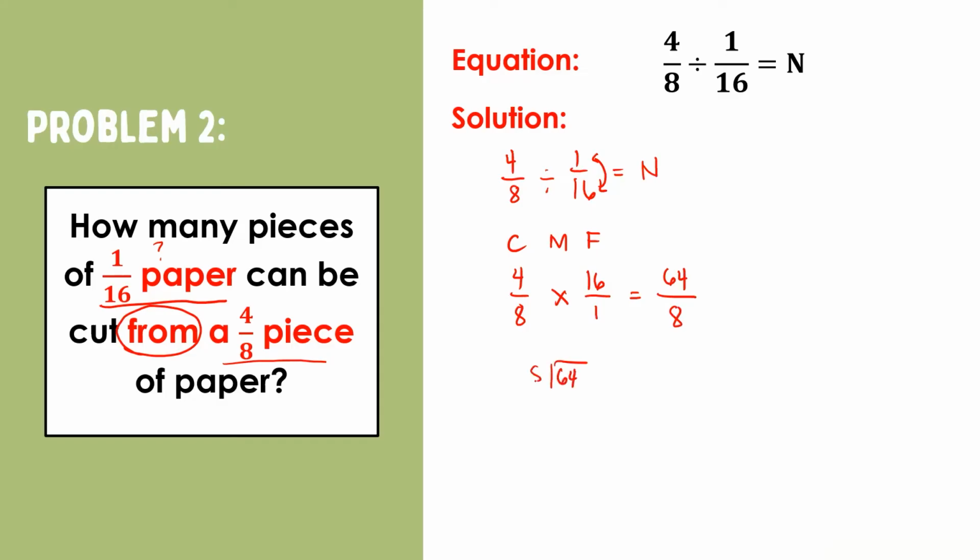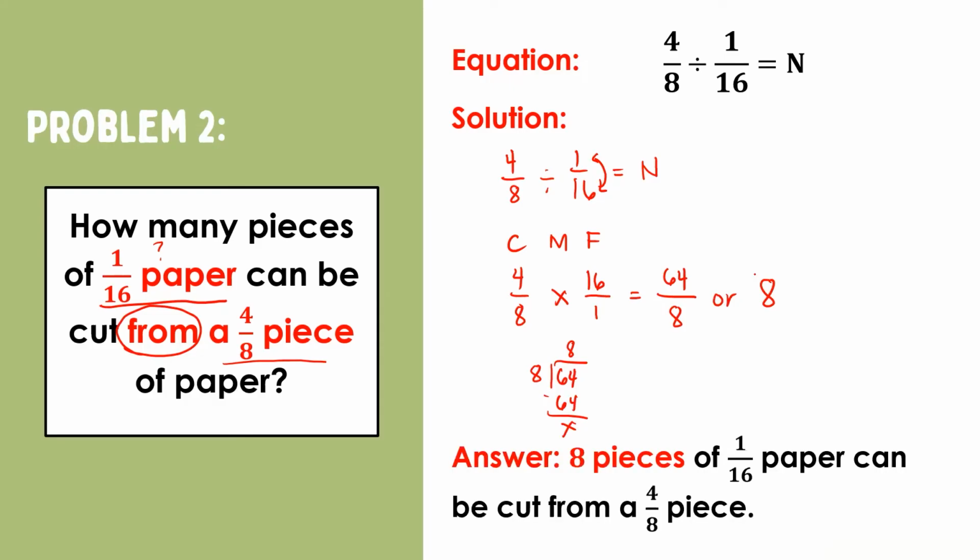That gives us 64/8, which is an improper fraction. So, let us divide 64 and 8. 64 divided by 8 is 8. There is no remainder, so our answer is 8. Again, 4/8 divided by 1/16 is 8. Thus, 8 pieces of 1/16 paper can be cut from a 4/8 piece of paper.